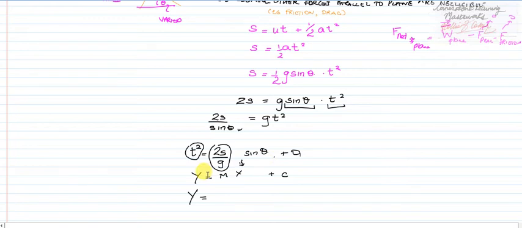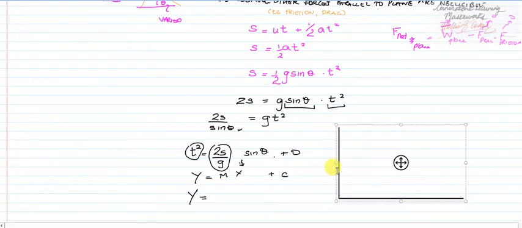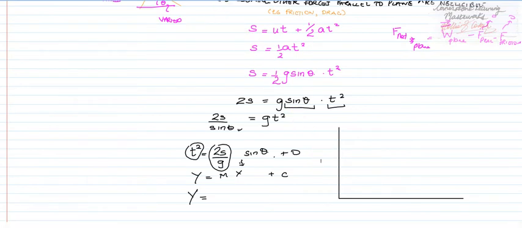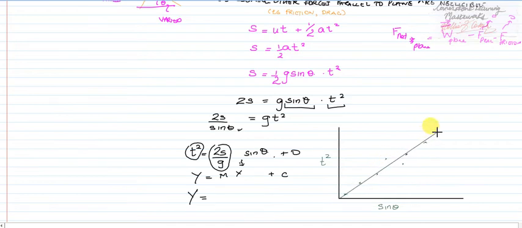So if I plot a graph of t squared versus sine theta, I expect to get a straight line, a series of points, passing through the origin.